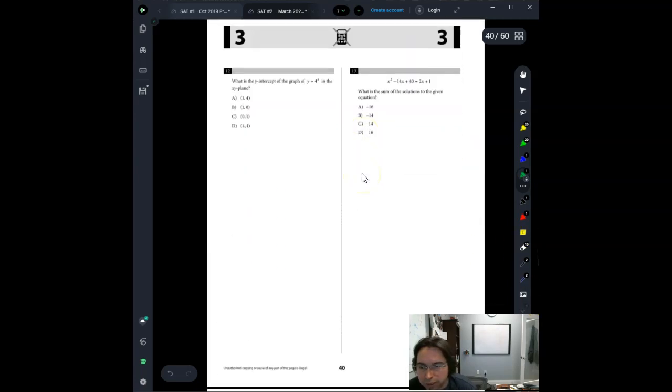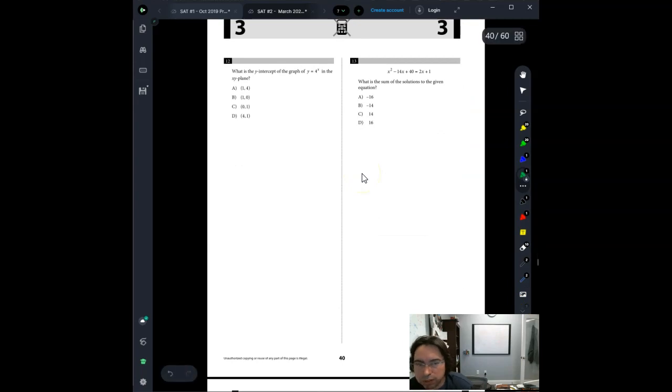All right, looking at number 12, it's asking for what is the y-intercept. Remember, for the y-intercept, we know x equals 0.